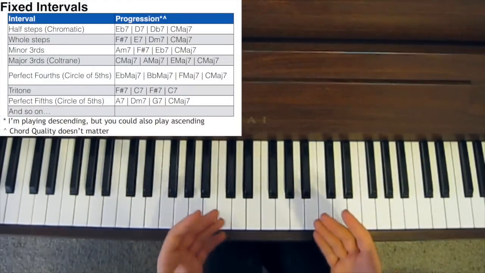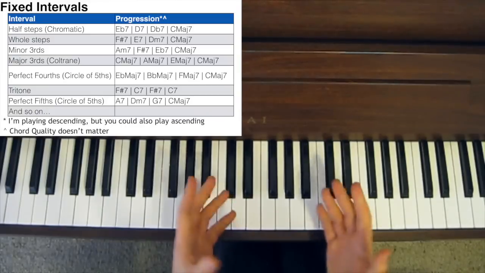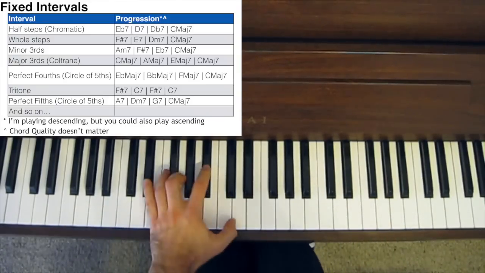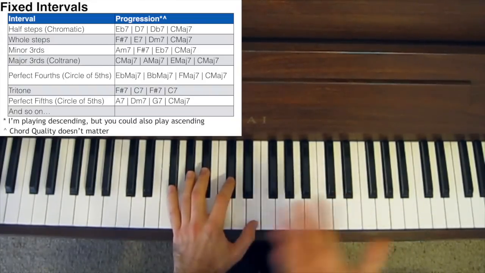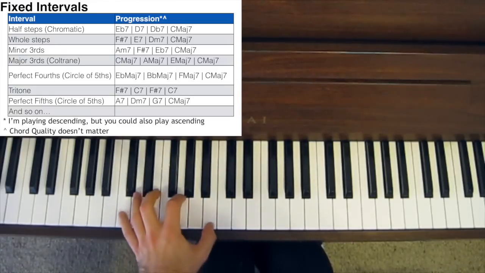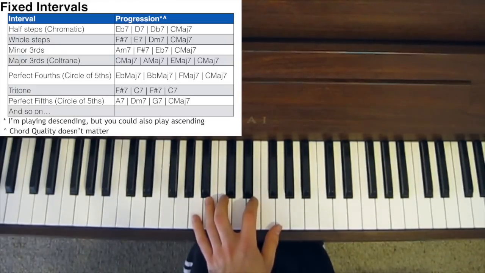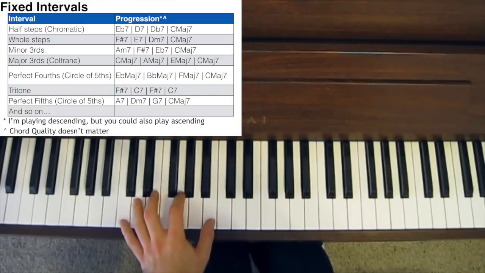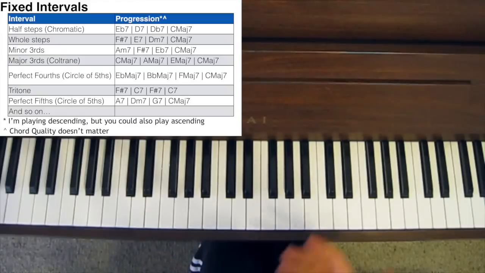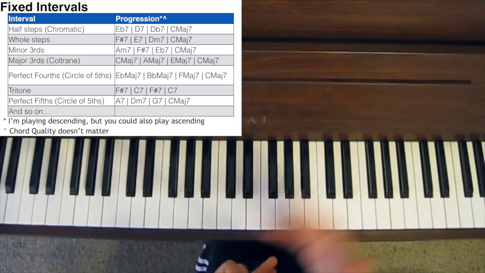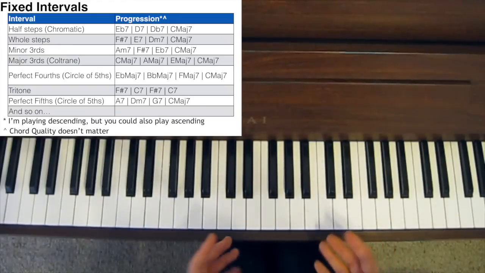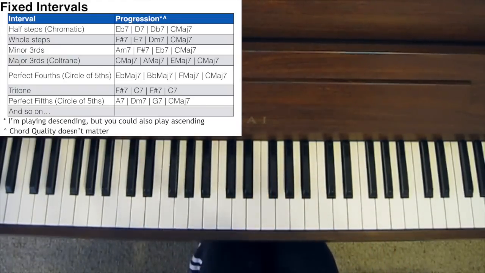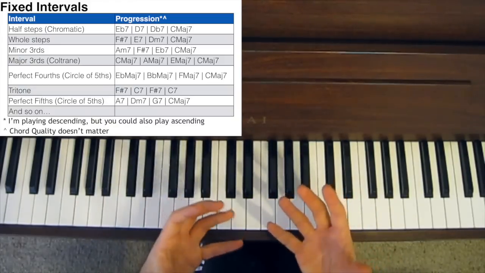So when I say the chords should move in fixed intervals, that means they can move by any interval you like, whether it's half steps, or whole steps or tones, or minor thirds, or major thirds, which is kind of the idea behind Coltrane changes, or in perfect fourths or perfect fifths, which is just going through the cycle of fifths, either ascending or descending, or moving in tritones, or any interval whatsoever, as long as it's a fixed interval, and therefore creates some kind of structure or pattern.